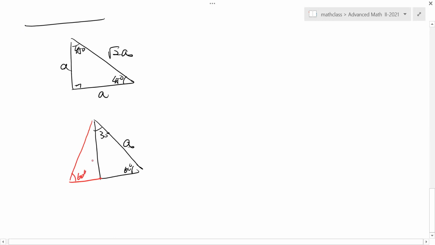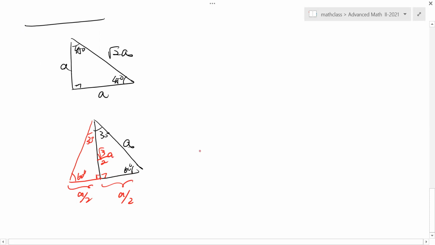So this will be 60 degree, that'll be 30 degree, and as this is 90 degree, this is 90 degree, so it's 180 degrees, it forms a straight line. So what you get is an equilateral triangle, because 60 degree, 60 degree. So this side must be half of A, and this side must be the height of the equilateral triangle.